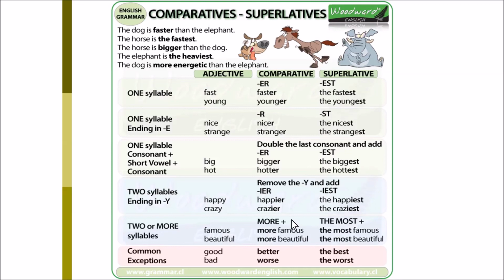So famous, more famous, the most famous. Beautiful, more beautiful, the most beautiful. And some exceptions, as I said, to the rules are good and bad. The comparative is better and worse, and the superlatives are the best and the worst.